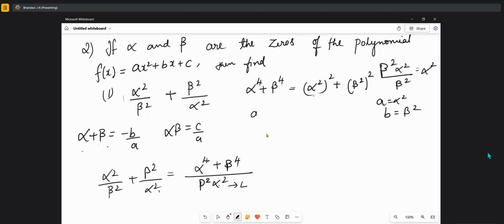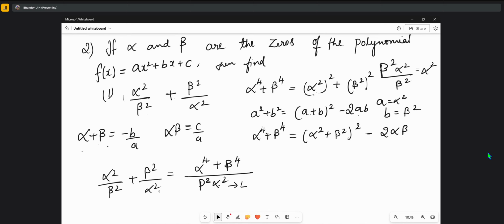So again we know that a square plus b square will be equal to a plus b whole square minus 2ab. Correct? Similarly here, alpha to the power of 4 plus beta to the power of 4, I can write it as a is what? Alpha square here, b is beta square. This whole square minus 2 alpha beta.